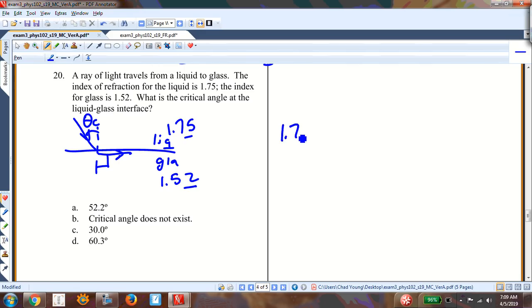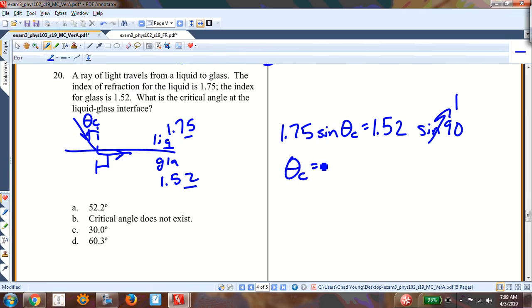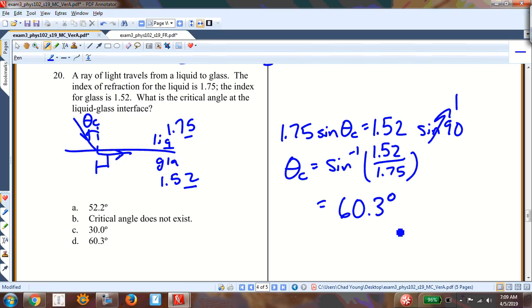So I'd say 1.75 sine of theta c is equal to 1.52 times sine of 90, which of course is 1. And if I solve that, I get theta c. It's the inverse sine of 1.52 over 1.75, and that is equal to 60.3 degrees. All right, that's the end.